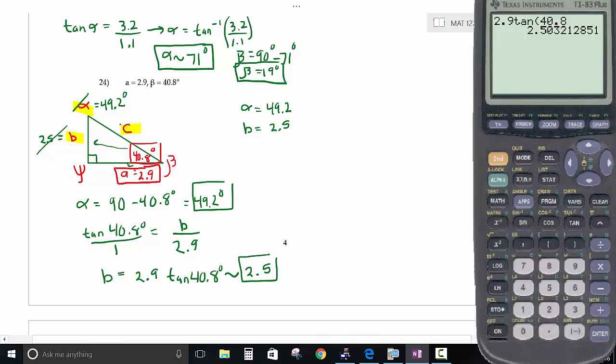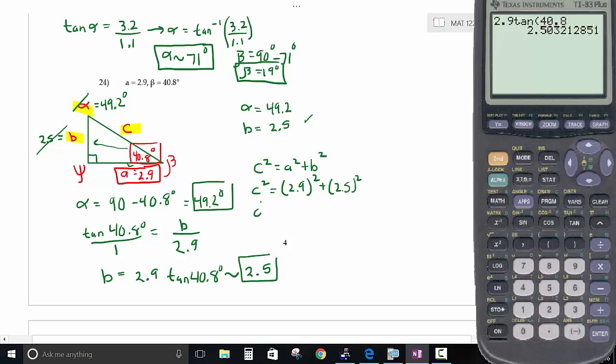Now you could do C with the Pythagorean Theorem again if you want to. So let's just do that. C squared equals A squared plus B squared. So C squared is equal to A, which was given as 2.9 squared, plus B, which we found to be 2.5 squared.